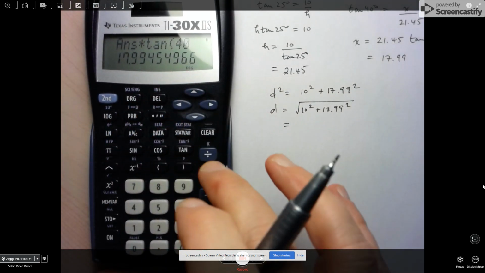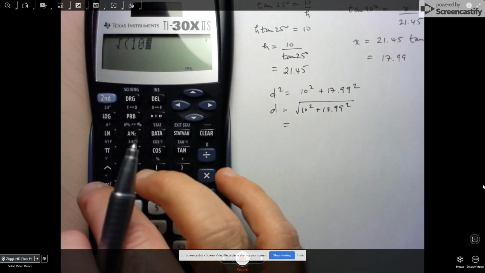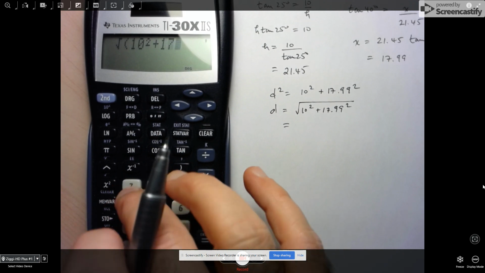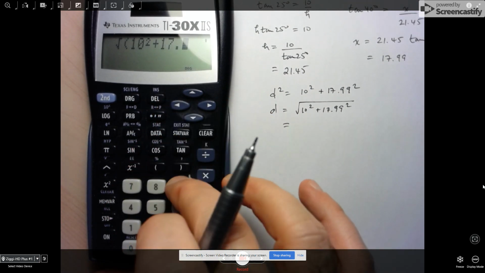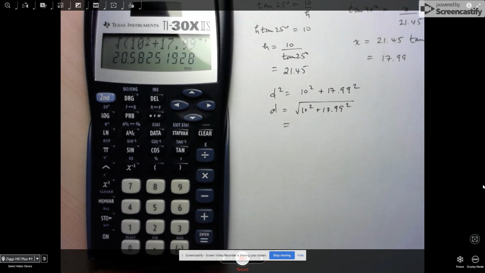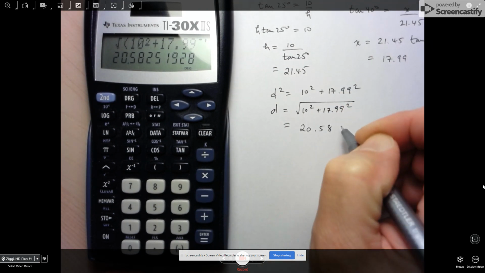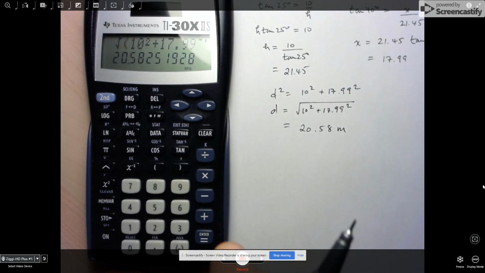The square root of 10 squared plus 17.99 squared equals, looks like 20.6. Let's make sure, do they ask? They don't specify how many decimal places here. Actually, we'll take two decimal places, 20.58, and everything was in meters. And so there we have it.